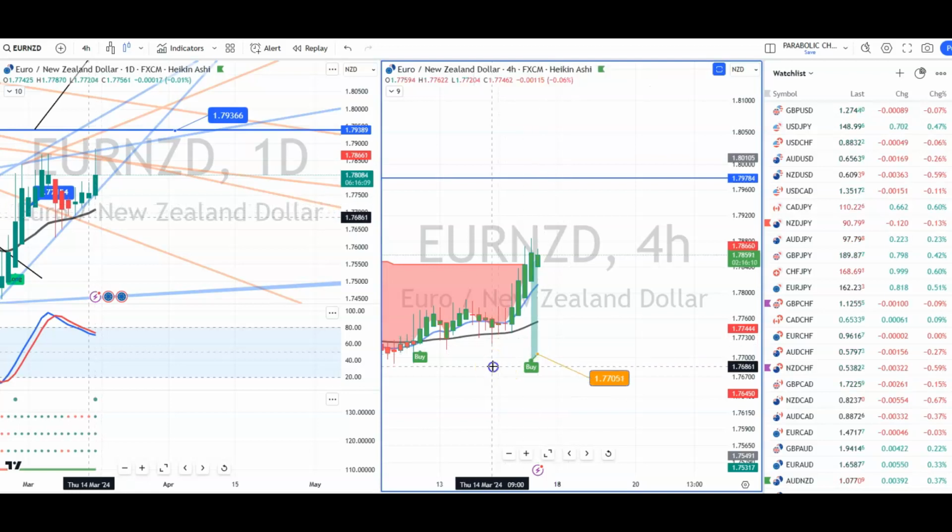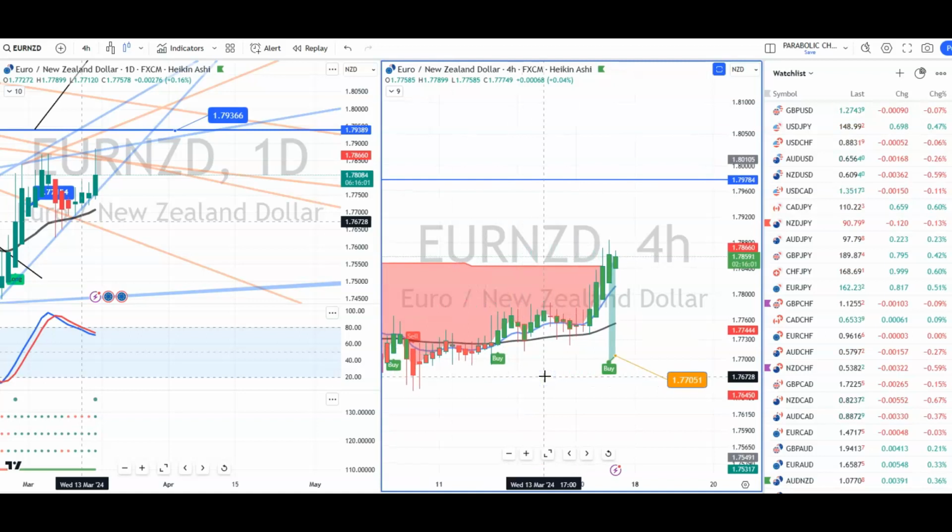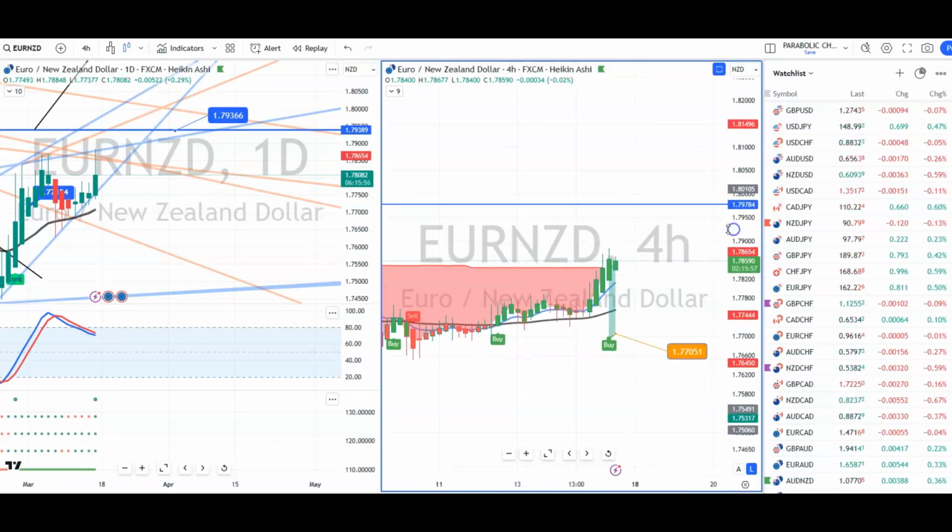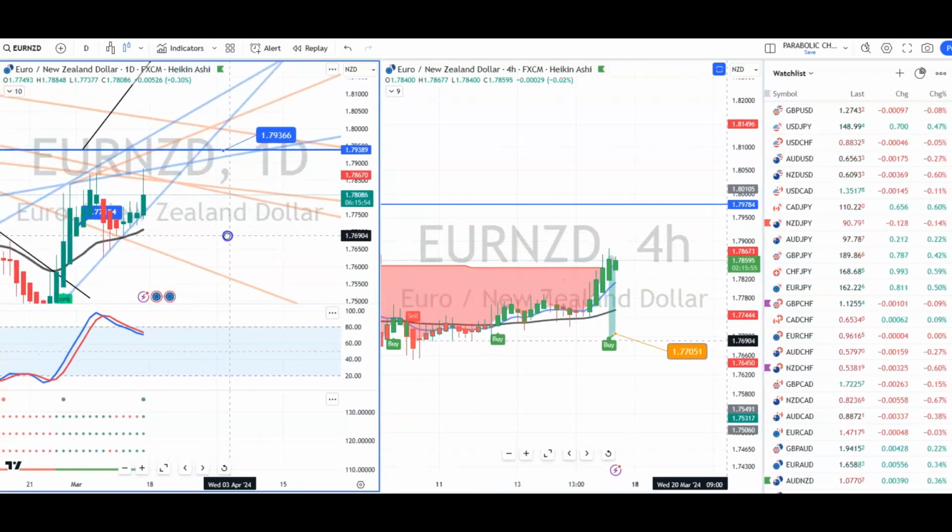The other thing it does, of course, it controls your money management. You have to be really strict. If you've got a 190 pip stop, which I think that is, then of course it makes you think about the size of the lot. It is going to be much smaller than you might usually use, which is fair enough.